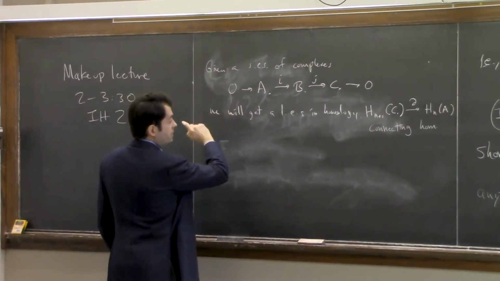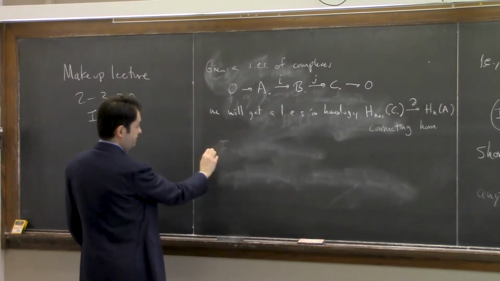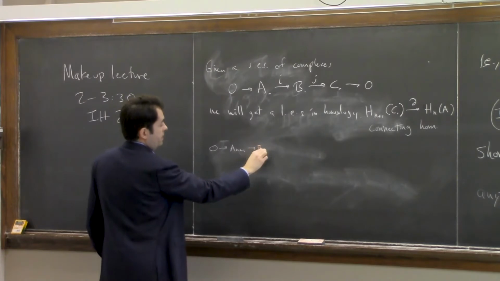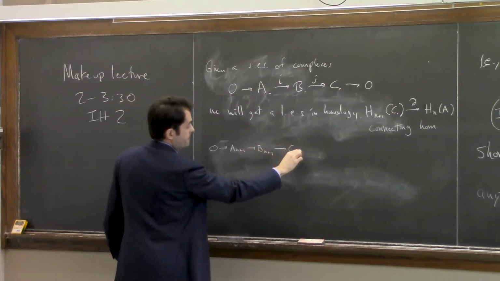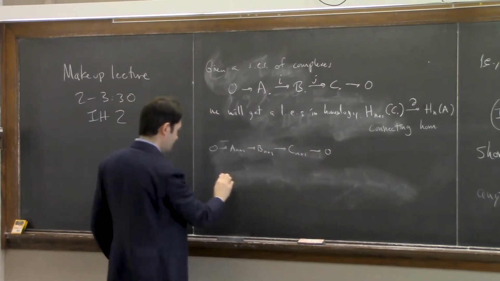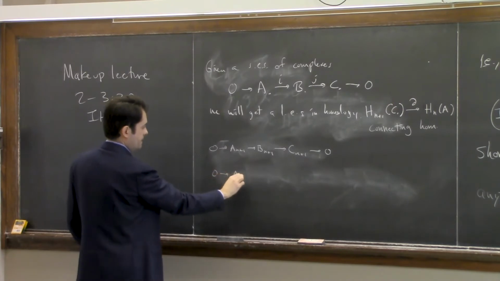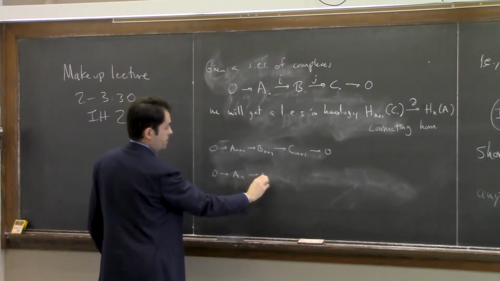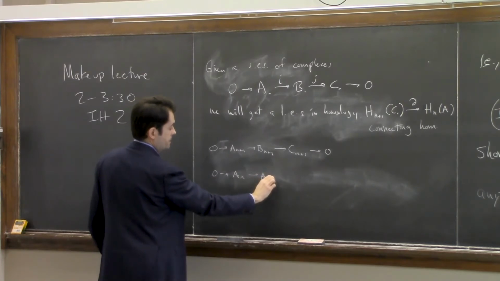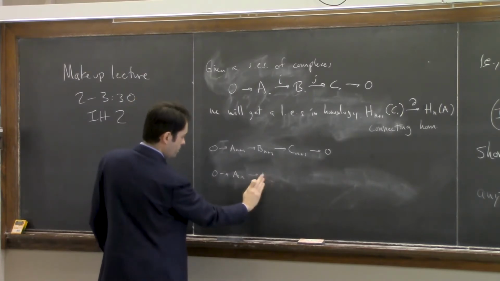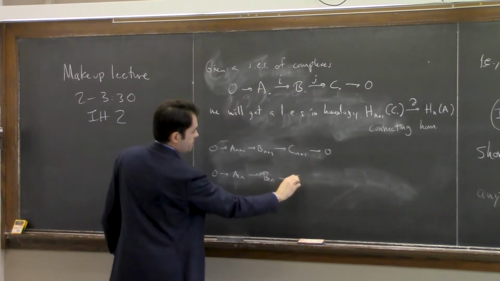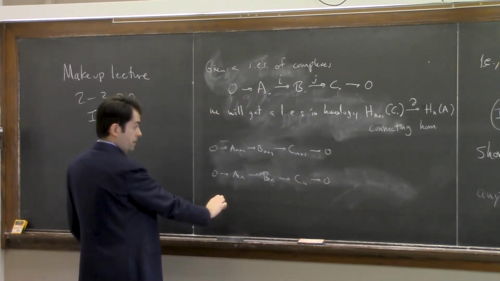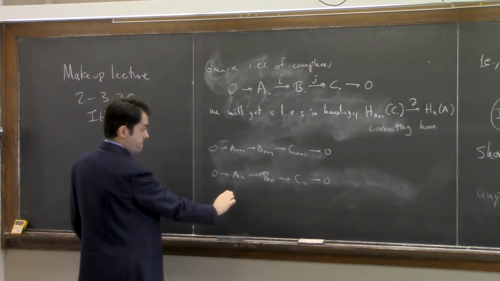So let's draw part of this. Here you have the n+1 level, here Bn, Cn.